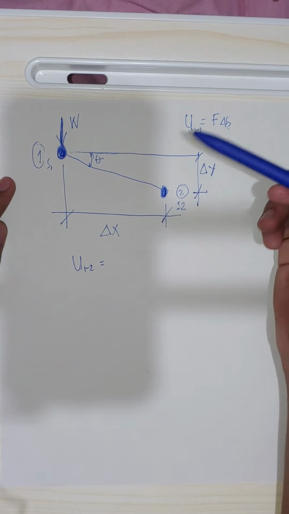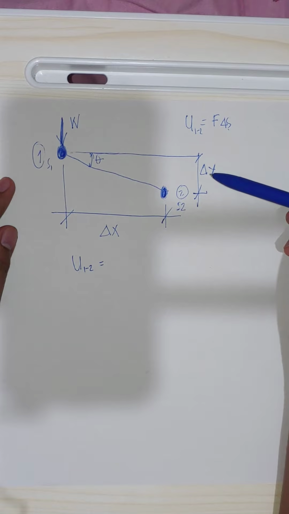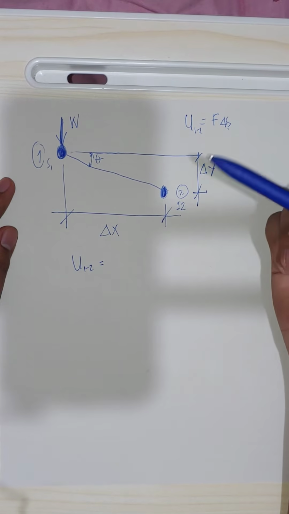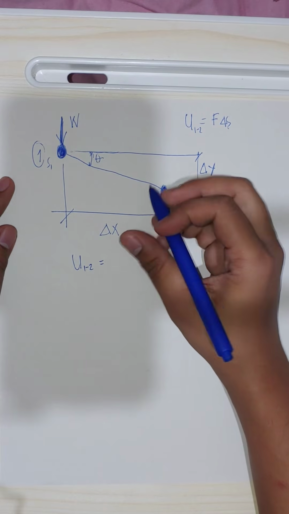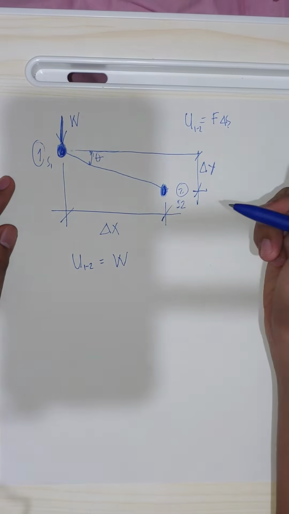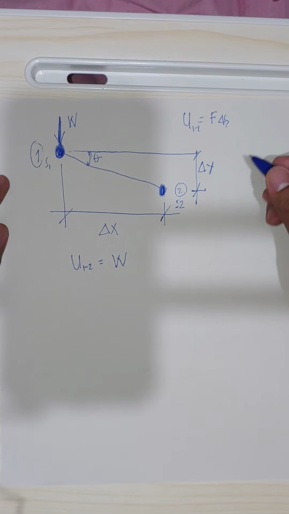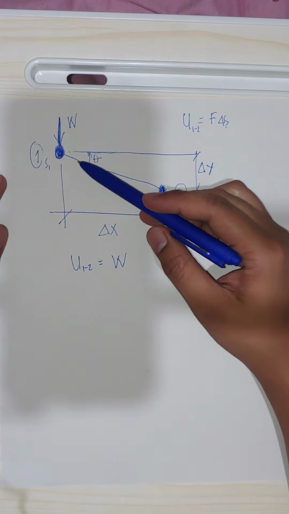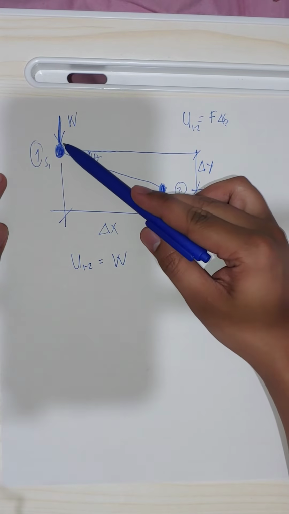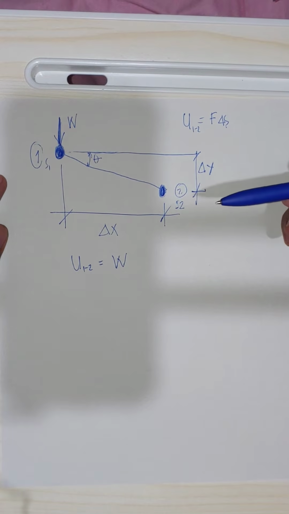Which displacement are we going to use, x or y? You use the force, which is the weight of the particle, and then the displacement. Whatever the direction of the force is, that is also the displacement you take.